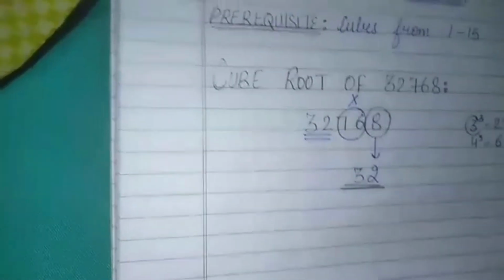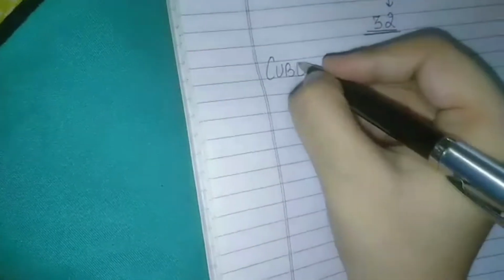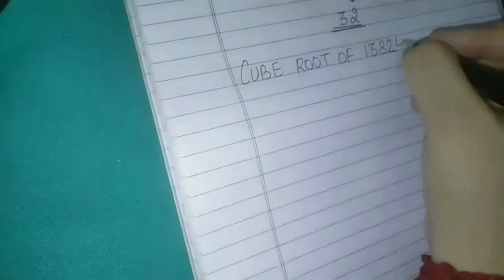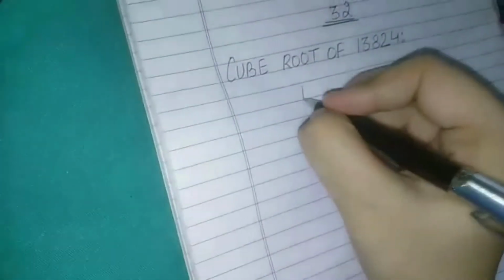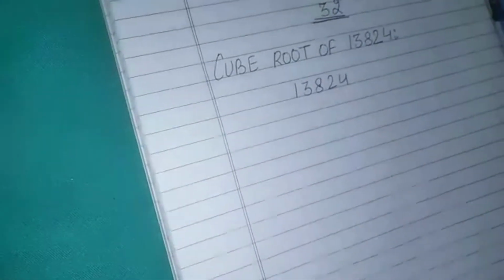Now let's talk about another example to make the concept more clear. The cube root of 13824. Again writing my number here, 13824.